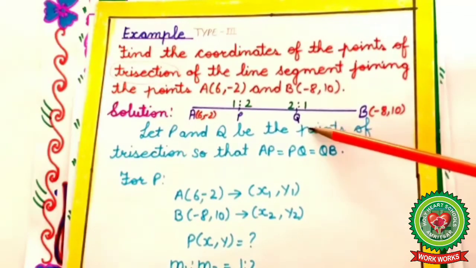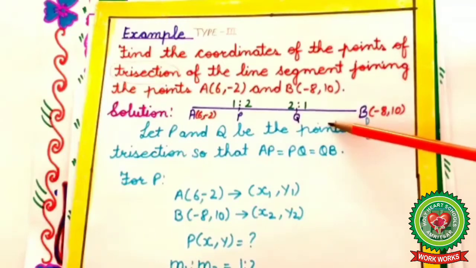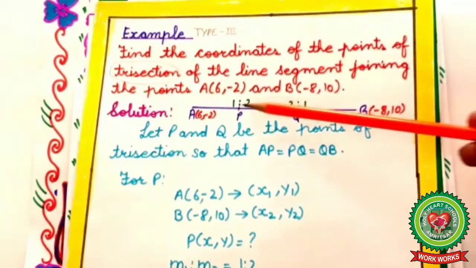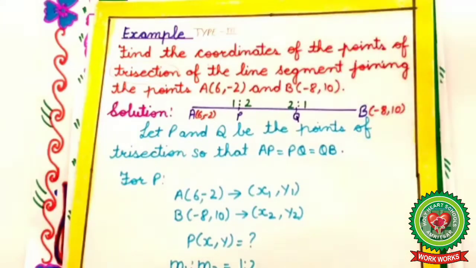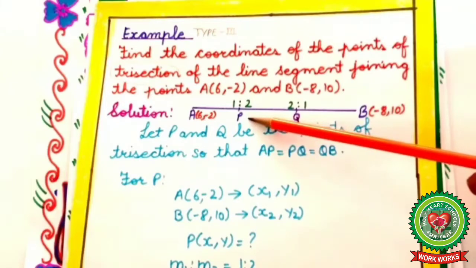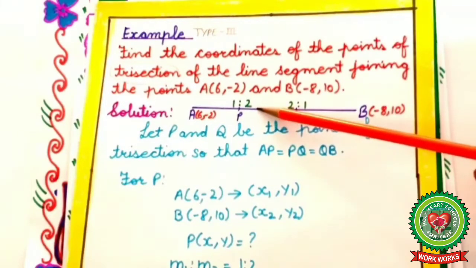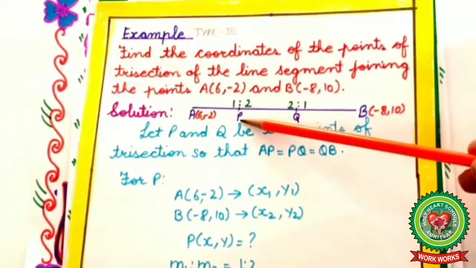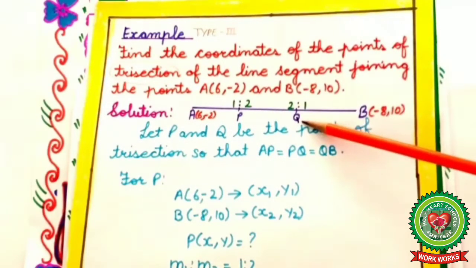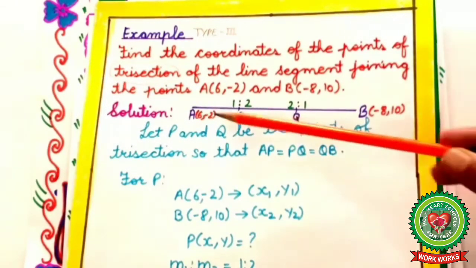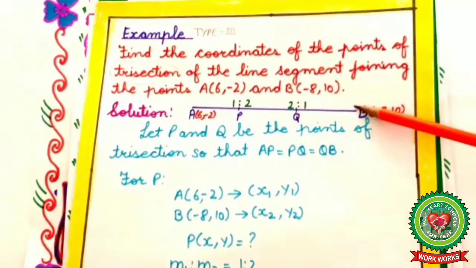We have to find the coordinates of P and Q. These points divide this line segment into 3 parts. That's why the word trisection is there. Now, according to P, first of all, the ratio is 1 ratio 2 because P divides this line in ratio 1:2 and Q divides this line segment in ratio 2:1.